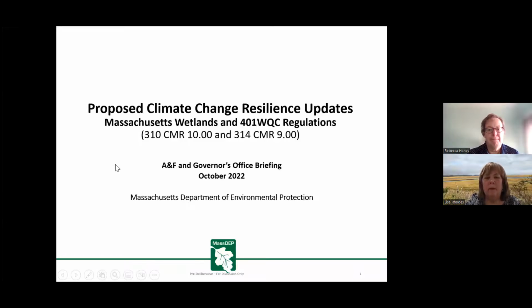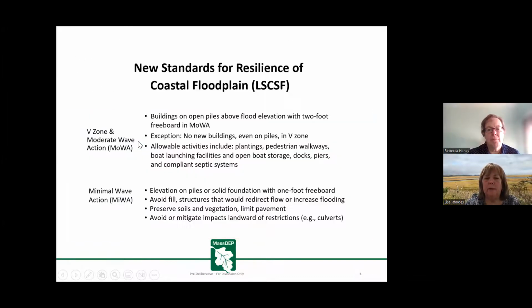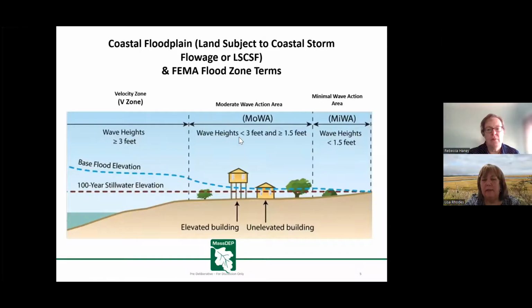Okay. I'm not going to go through this whole thing, but the main thing is, as Rebecca mentioned to you all earlier, this layout will become very familiar because our proposed standards are distinguished by whether you're in the velocity zone, the MOA zone, or the MEWA zone, which the MOA and the MEWA are the A zone, distinguished by the LIMWA.